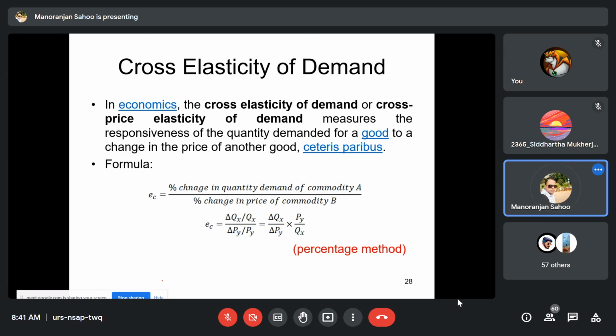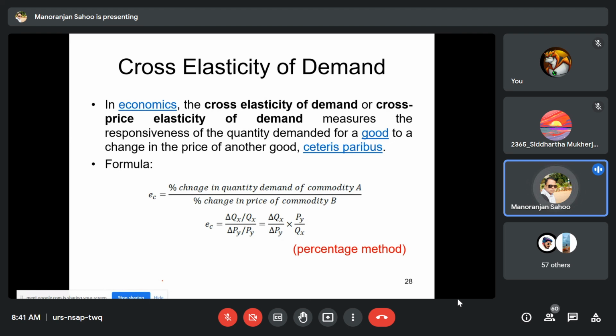That means the change in the quantity demanded of commodity X divided by the change in the price of commodity Y, into the price of commodity Y by the quantity demanded of commodity X.